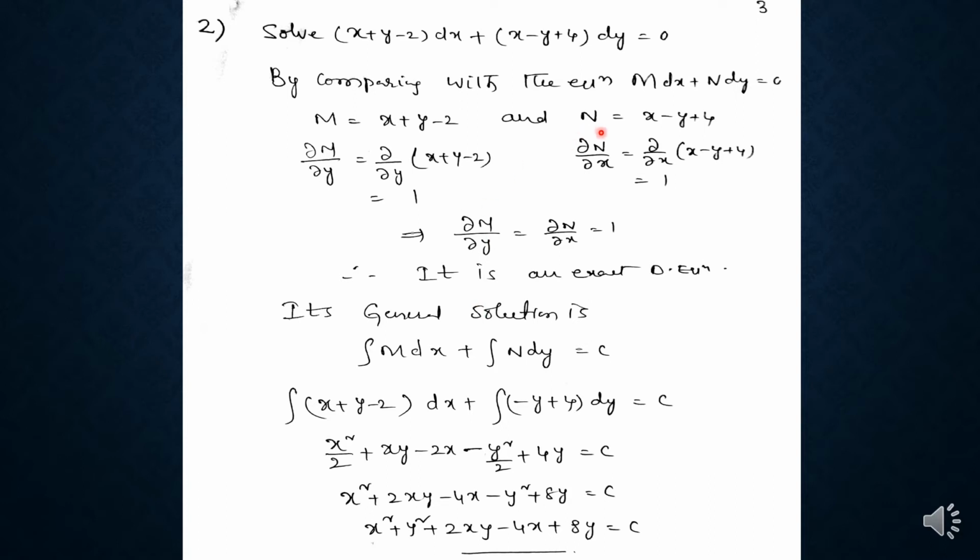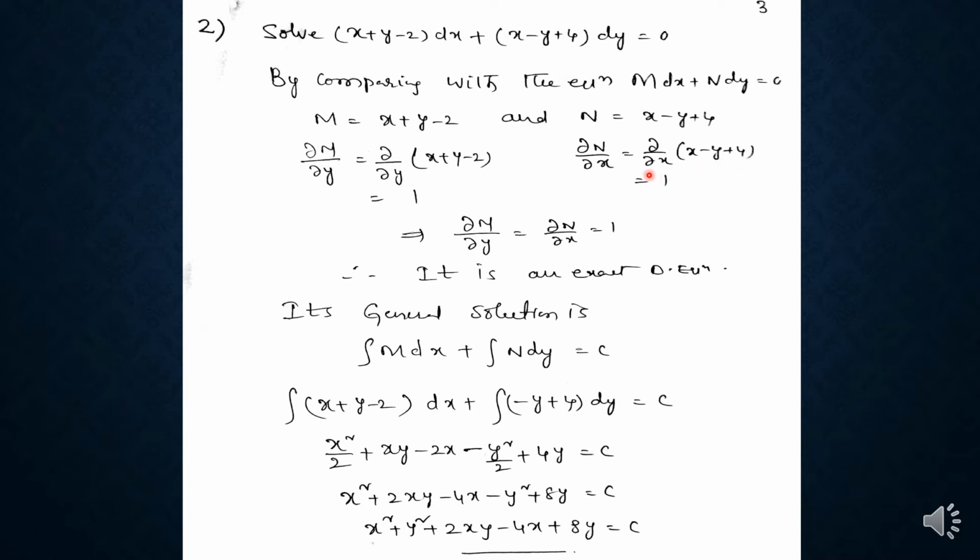Now take N. N is equal to x - y + 4. Now find the partial derivative of N with respect to x, that is ∂N/∂x is equal to ∂/∂x of (x - y + 4).